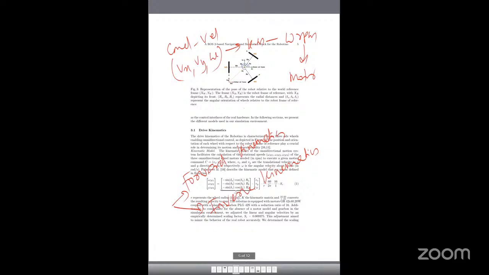Inverse kinematics means now the robot is moving. So now the robot is moving means the robot knows the wheel speed, but it doesn't know how much speed, how much rotation, sideways, how much distance. So we have to find all those things, which is what is called inverse kinematics.